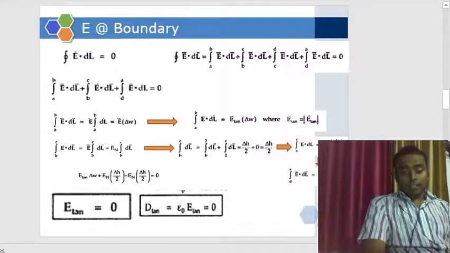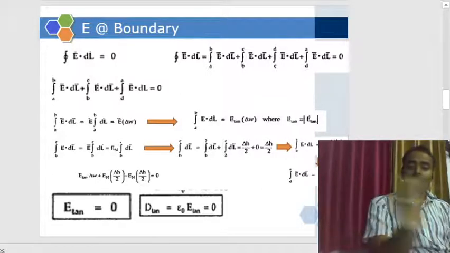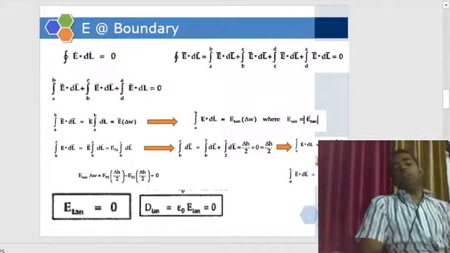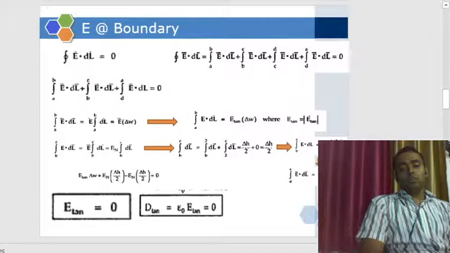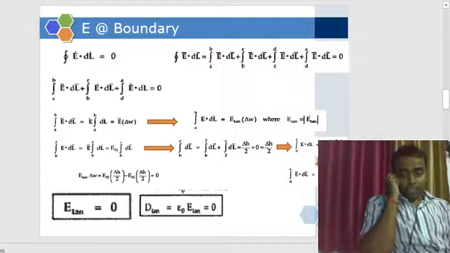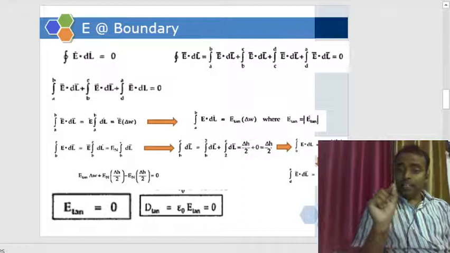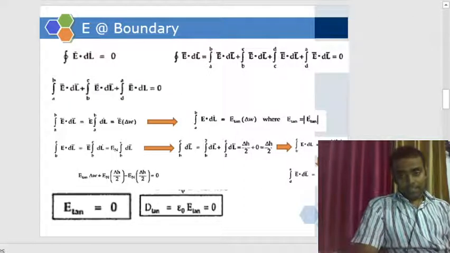It is a very small integral, A to B dl, so we can write it as E into del W, isn't it? And what is this? Which component of E? It is the tangential component of E along the direction of A to B. That's why we have taken E tan, the tangential component.